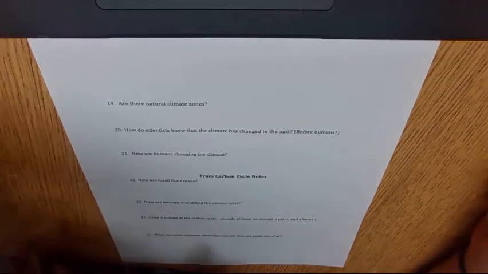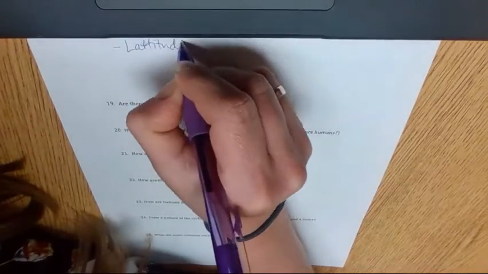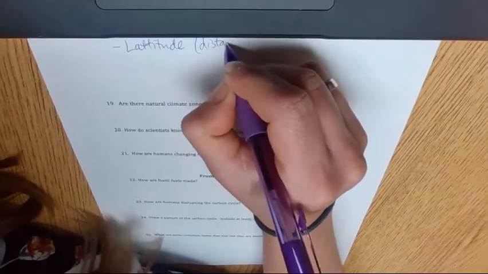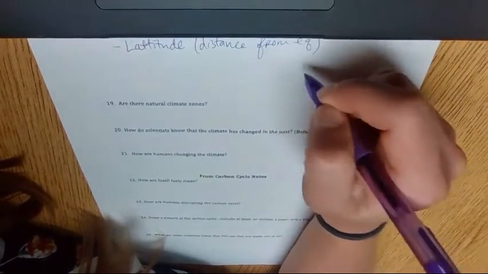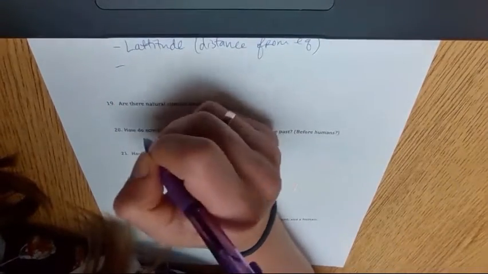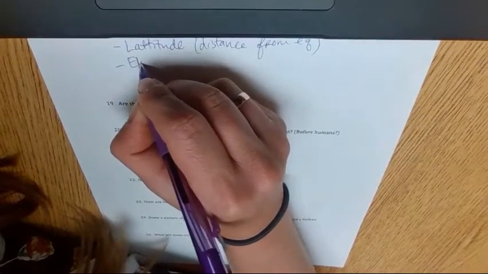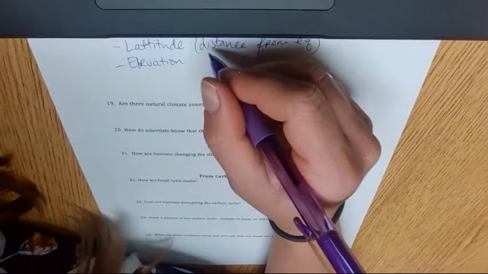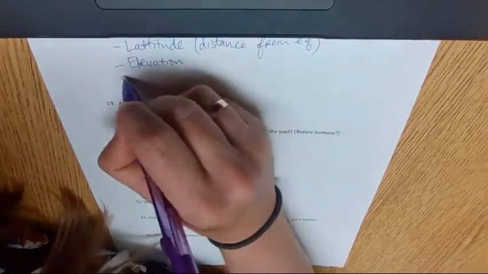All right, so what four things determine the climate of an area? Latitude or distance from equator. We know that the Bahamas are going to be warmer than the North Pole, excuse me. Elevation. We know the top of a mountain is very different from closer to sea level.